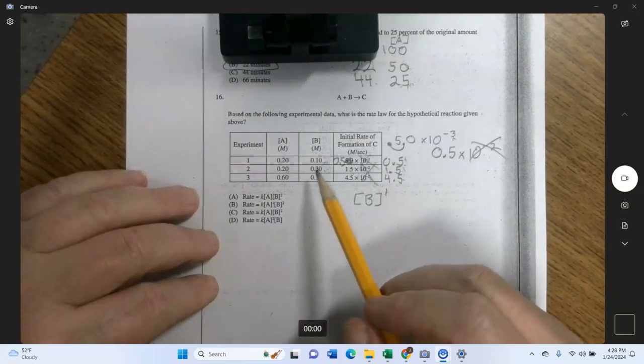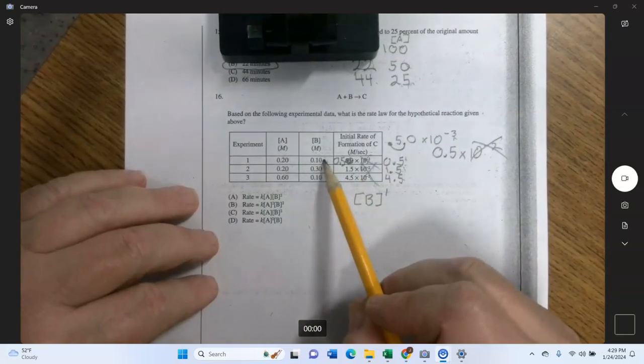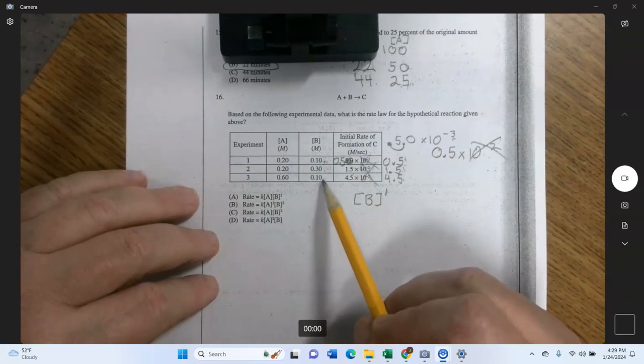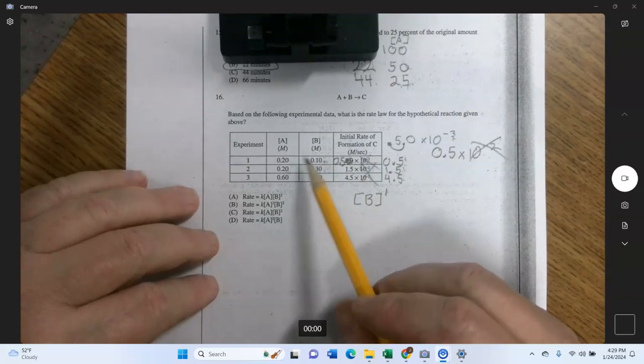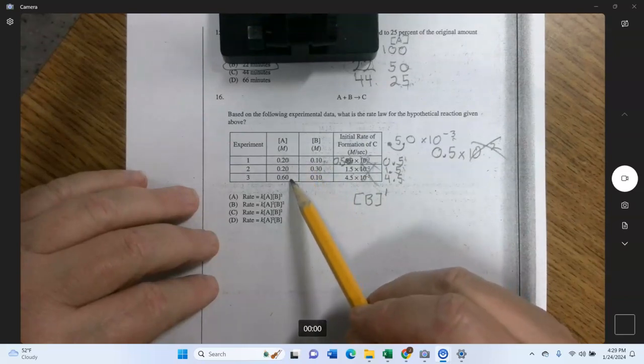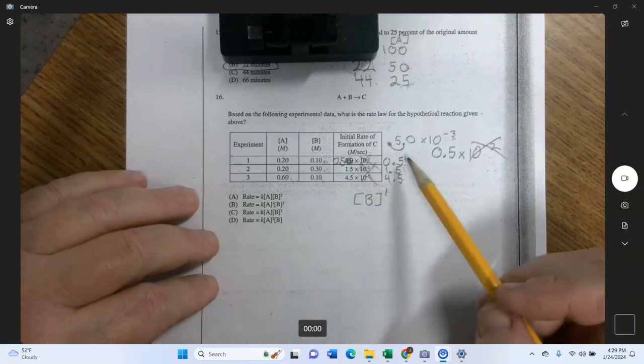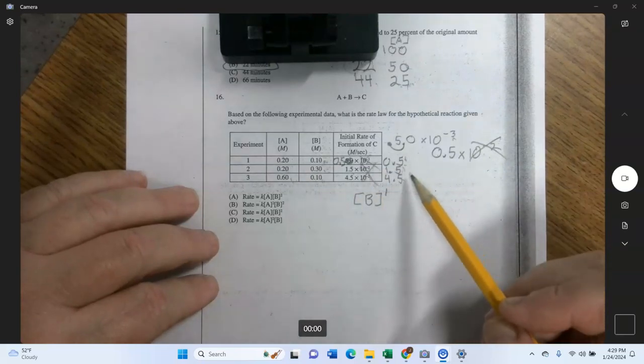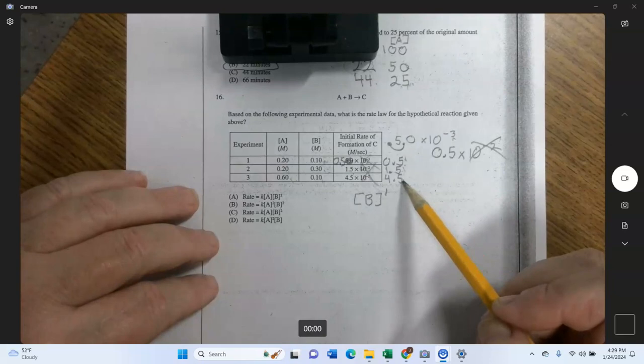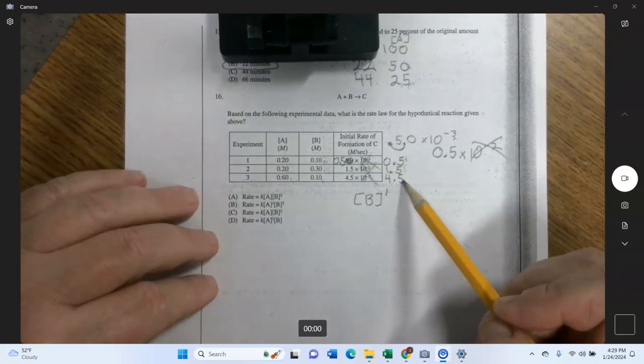Now we'll hold B constant. So that would be equations 1 and 3, 0.1, 0.1. So what does A do? It goes from 0.2 to 0.6, so it also tripled. Okay? What did the rate do? It went from 0.5 to 4.5. That's 9 times. Okay?